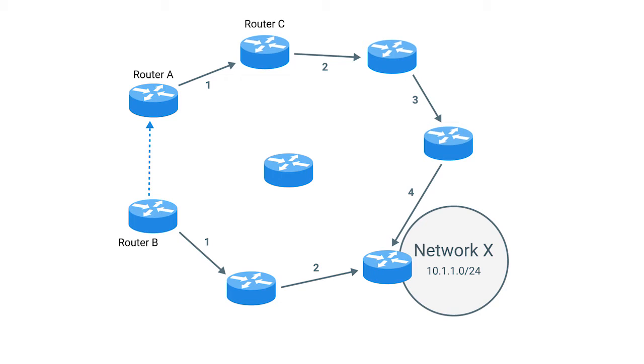In order to reach network X in the fastest way, it should forward traffic through its own interface 1 to router B.